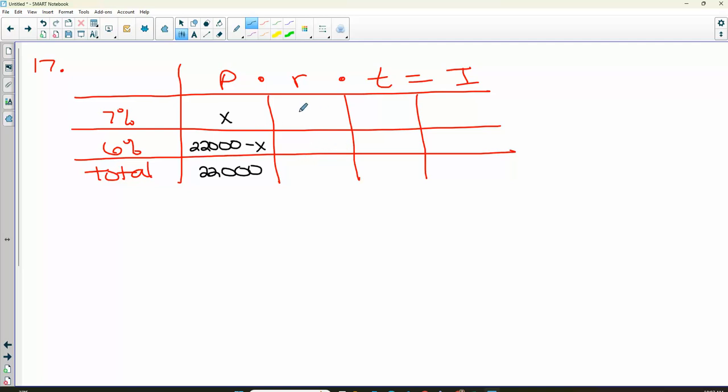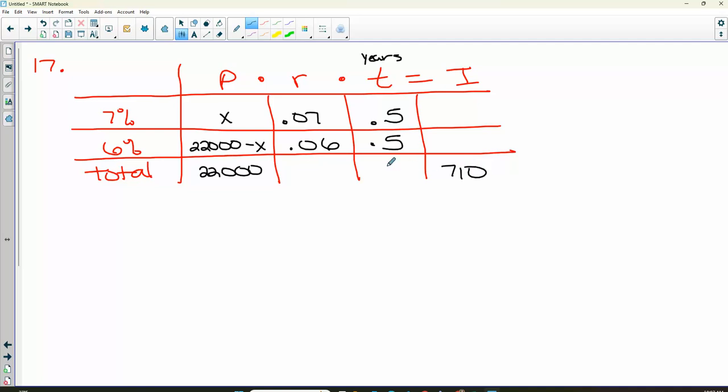All right, 7%. My rate then is 0.07. 6% is 0.06. My time after 6 months. Time has to be in years. 6 months is how much of a year? 0.5 or 1/2. He receives a return of $710. So that is the total interest he was paid.